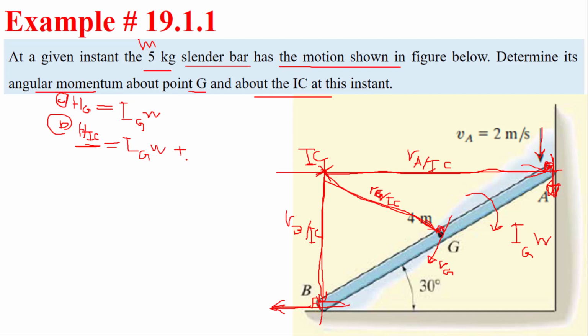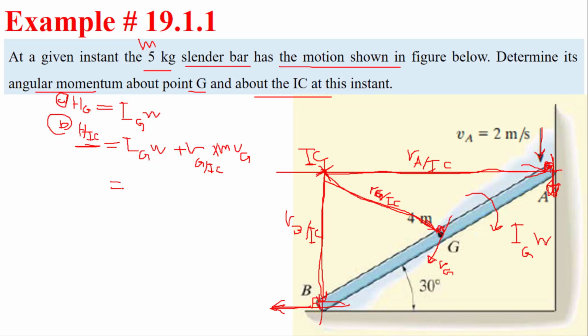Plus. Do we have any other angular momentum? This one. Okay? Vg. So it is M Vg. And this is cross product with R G with respect to IC.